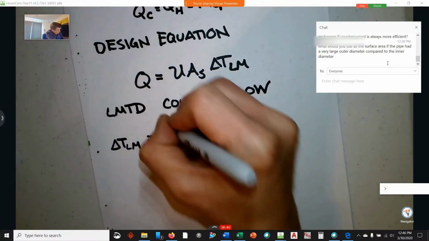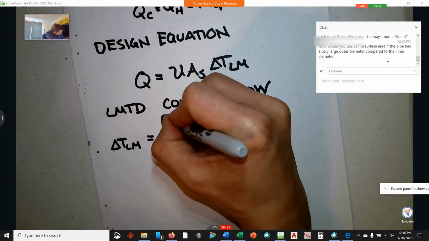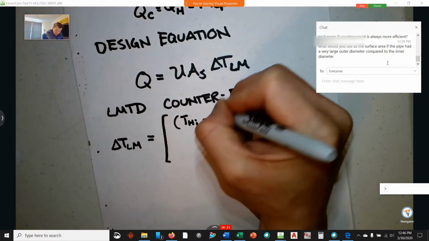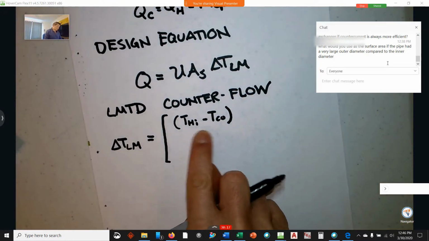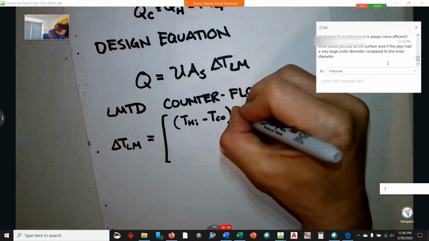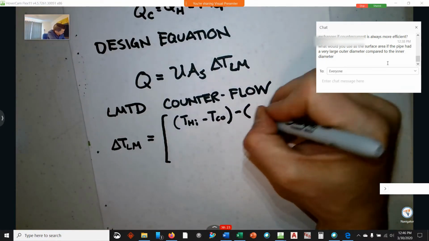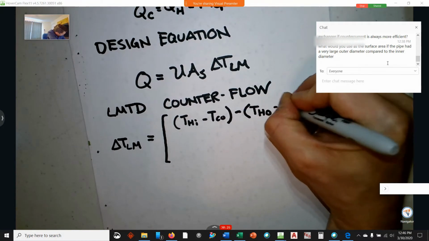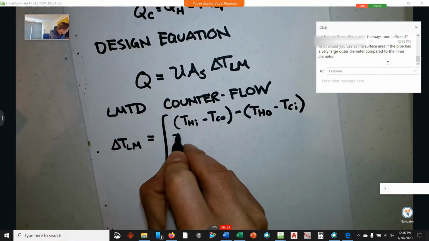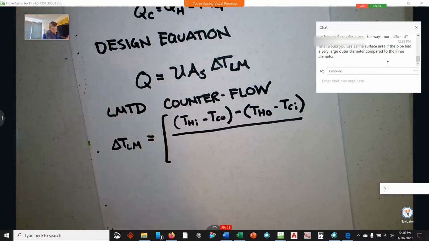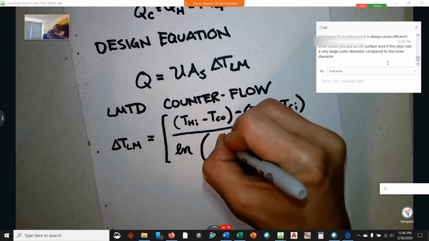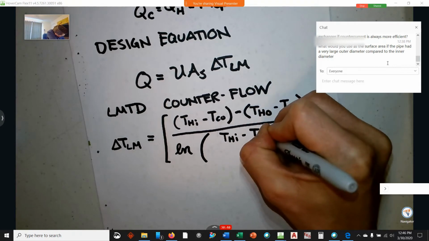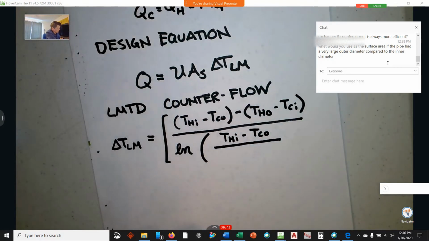We define this as THI minus TCO, so the inlet hot temperature minus the outlet cold temperature, minus THO minus TCI, outlet hot temperature minus the inlet cold temperature, over the natural log of the temperature difference between the hot inlet and the cold outlet, and the hot outlet minus the cold inlet.